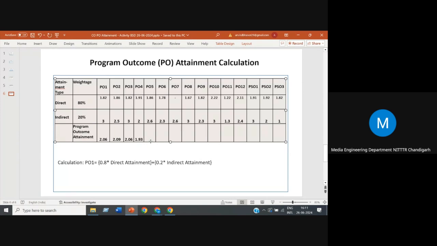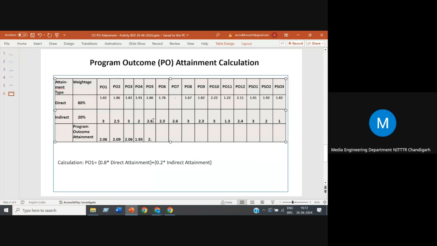PO5 is 2.08. Okay, 2.08, so it is going to be 2 only. No, it should be more than 2.09, because here you have shown 2.09 when the indirect was 2.5.